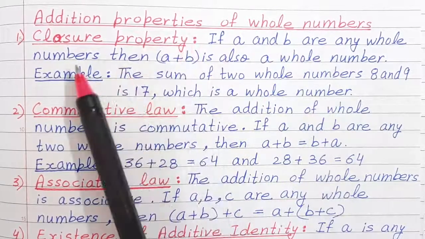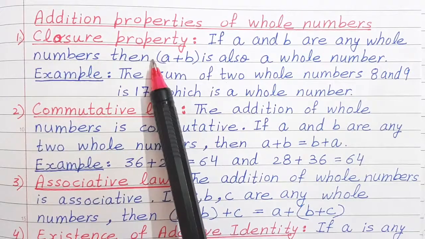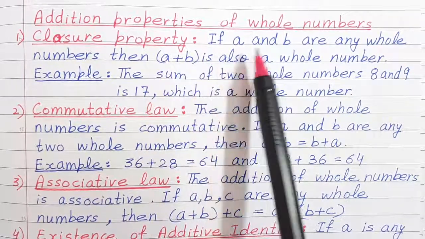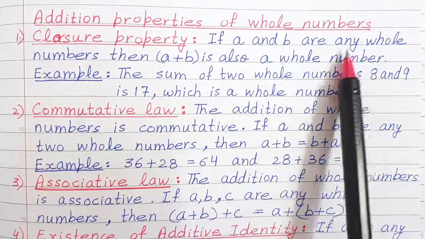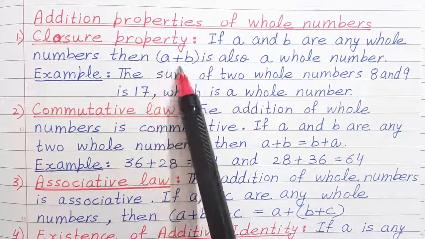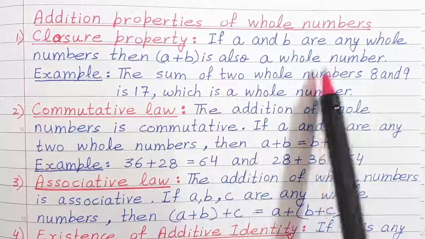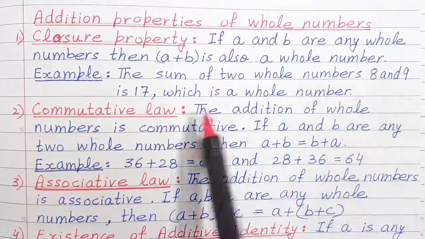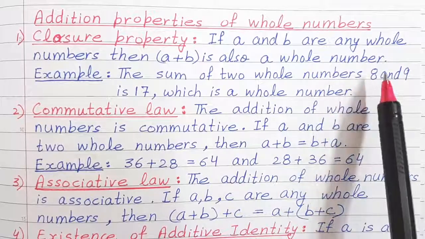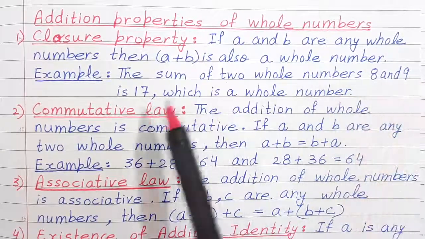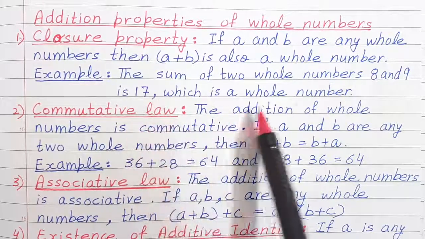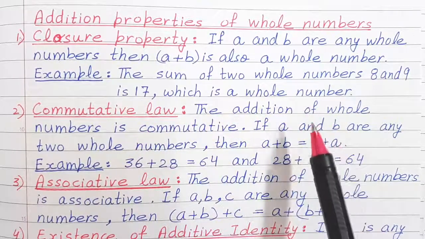Number 1 is closure property. Now children, what is a closure property? If A and B are any 2 whole numbers, then A plus B is also a whole number. For example, the sum of 2 whole numbers, that is 8 plus 9 is 17. So 17 is also a whole number.